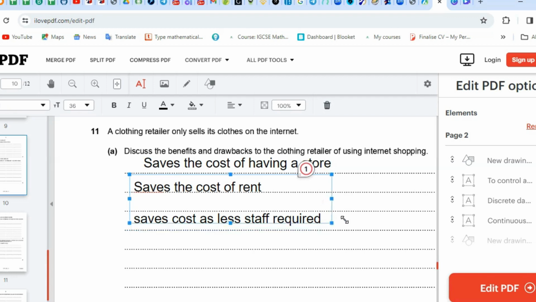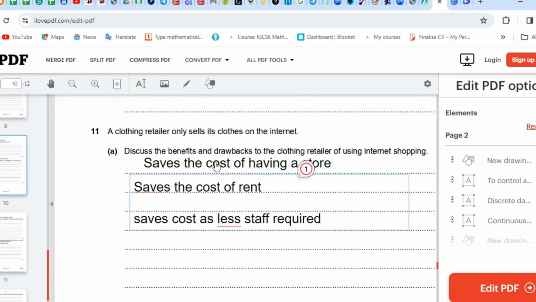Since you have your store on the internet, you need to rely on the internet. So that's one of the drawbacks.